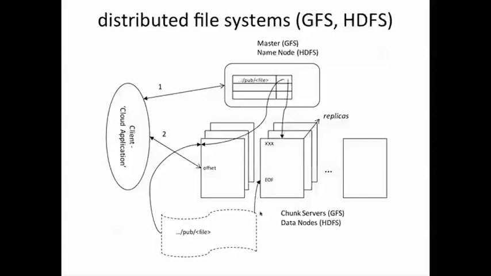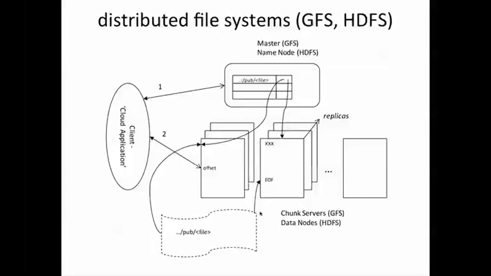As a result of this replication, the possibility of data being lost due to hardware failure is minimized significantly. Of course, the challenge is now to maintain consistency across all these replicas.